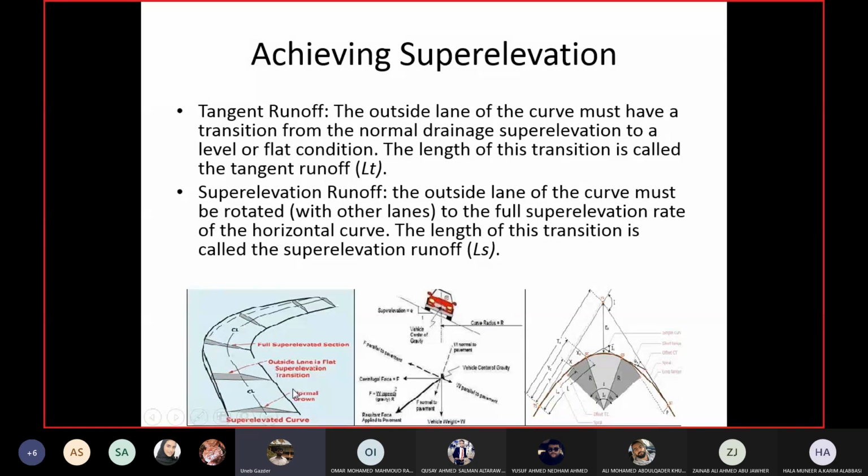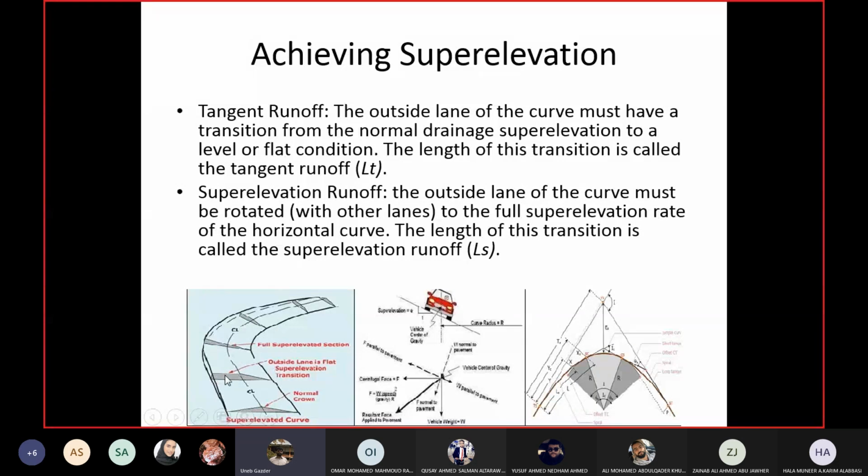So from here to here, we call it tangent runoff. The length in which you are making the slope of the outside lane of the road from normal crown to flat condition.